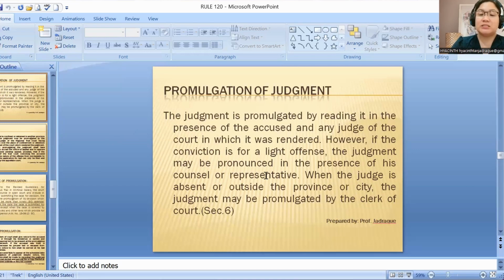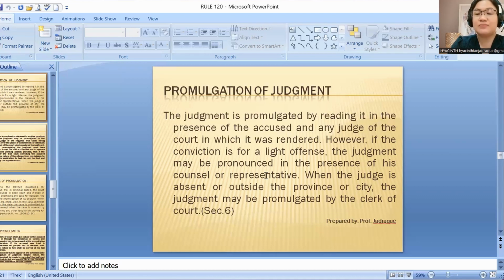So his presence is not required if it is for a conviction for a light offense. So even if he is not around, the promulgation shall proceed. The judgment may be pronounced in the presence of his counsel or representative.